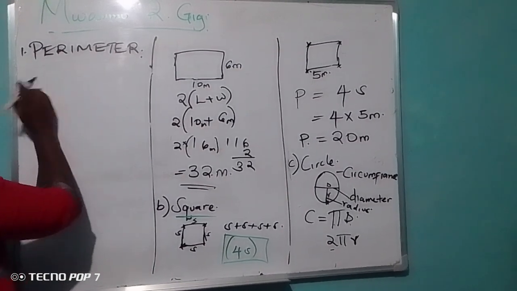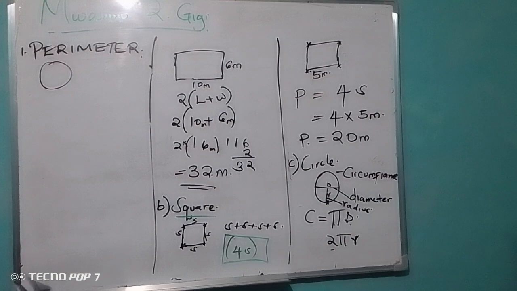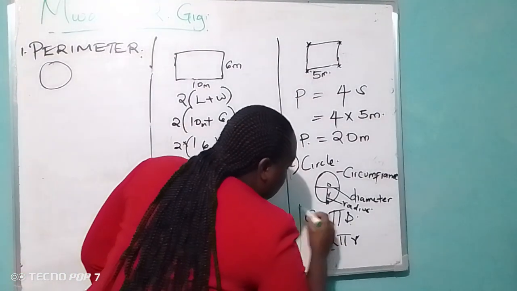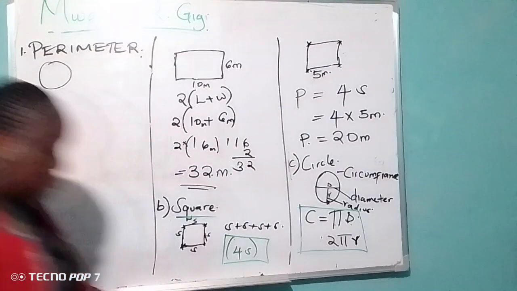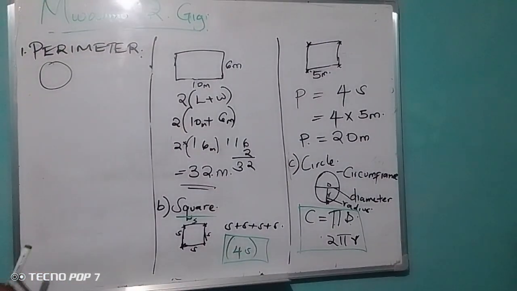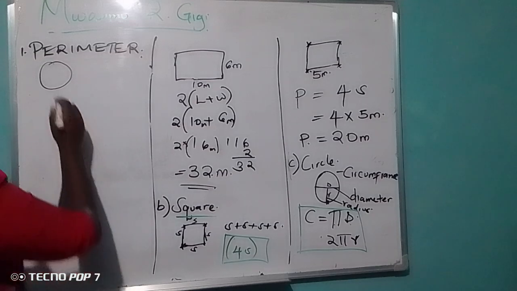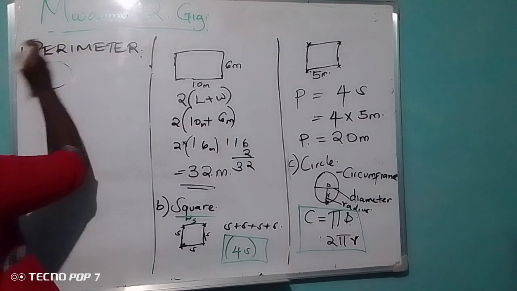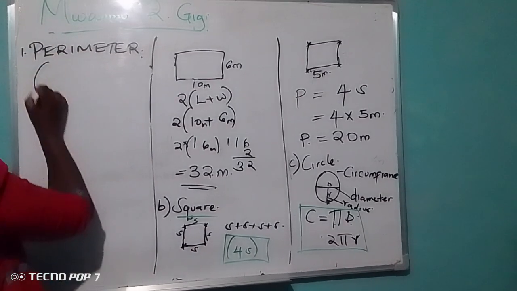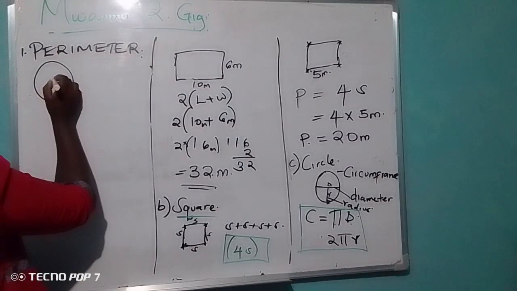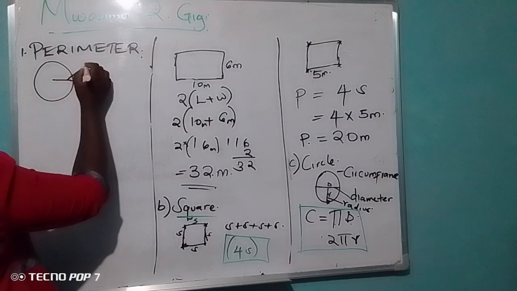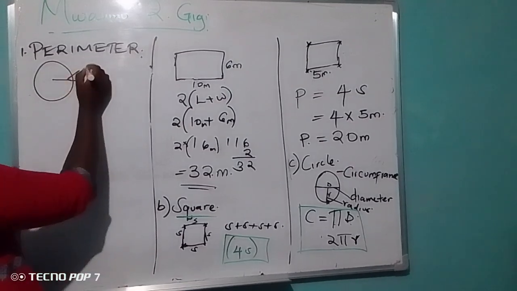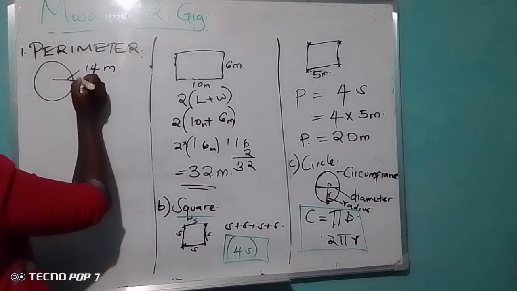So for example, we have a circle. Hii ni circle kweli. A circle with a radius of, let's say, 14. Radius ni 14 meters.